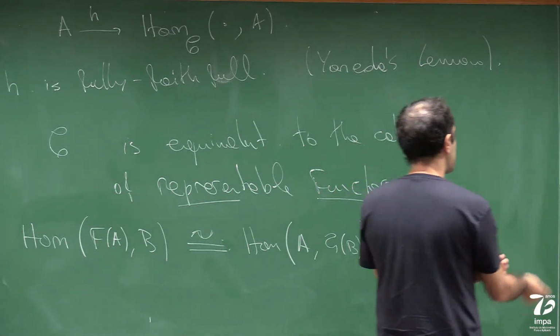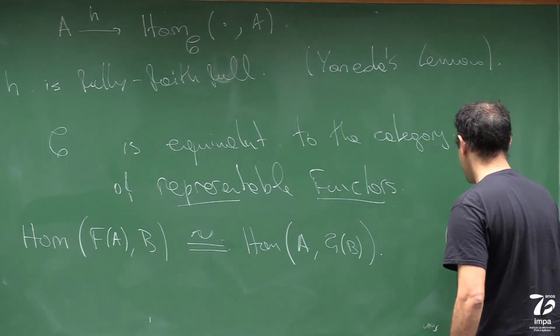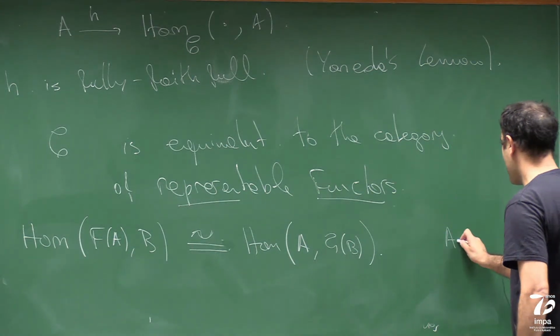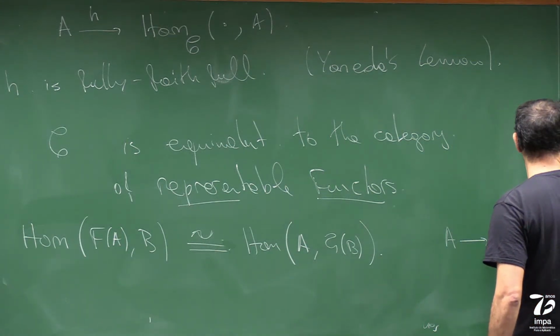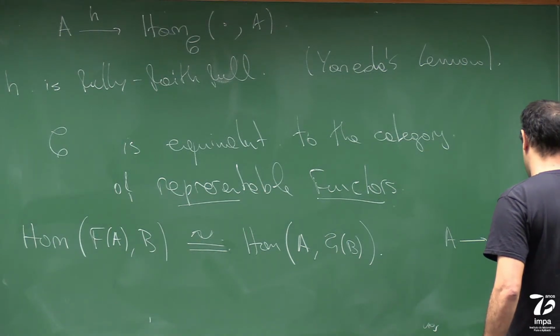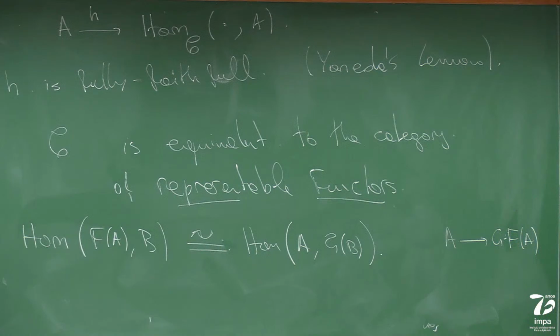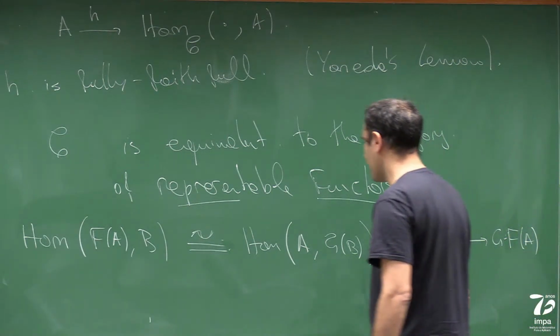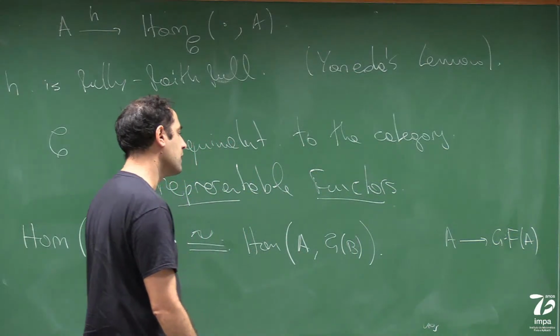An alpha gives me, for every A, a map from A into GFA. So yeah, I think I always choose them in the wrong way.